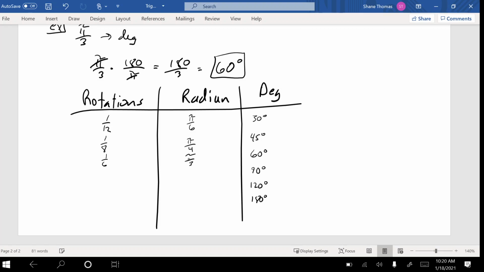That'd be 1/6 of a rotation. 90 degrees is pi over 2, which is a quarter rotation. 120 degrees would be 2/3 pi. That's a third of a rotation. 180 degrees, we already talked about that. That would be pi radians, which is half a rotation.